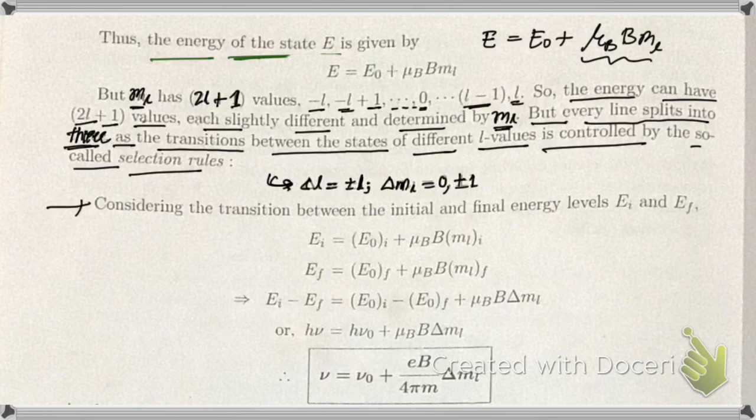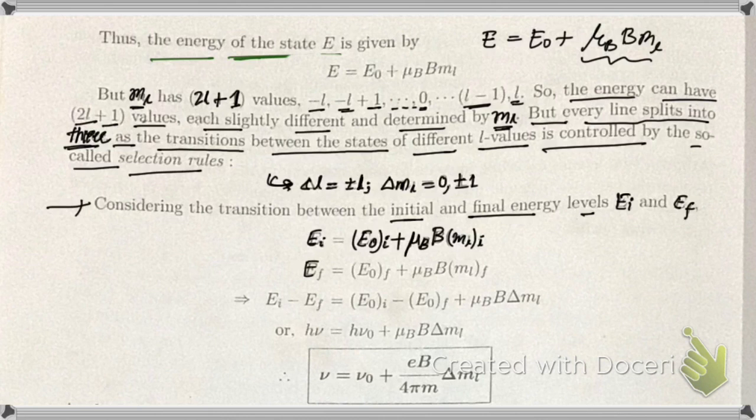So now consider the transition between initial and final energy levels. EI is the initial and EF is the final energy level. So EI, initial energy level, can be given by E naught I plus mu B into B mli, right?